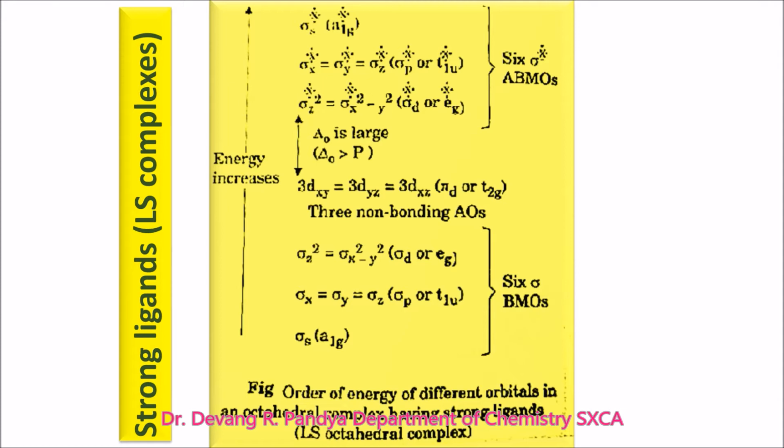And therefore here we can see that there is only one electron, as far as the titanium hexaaqua complex is concerned, in this d orbital.